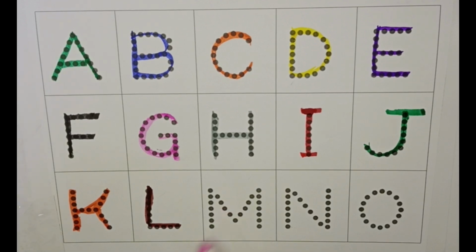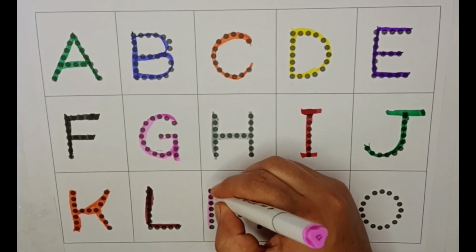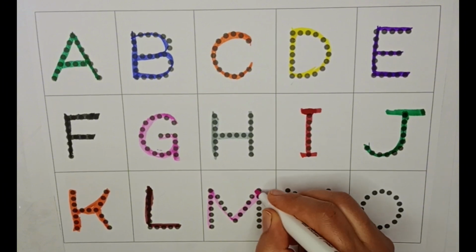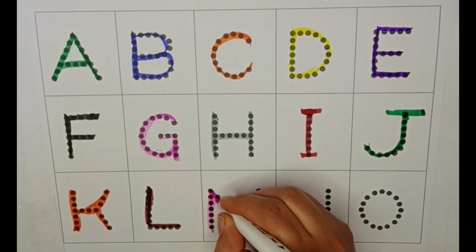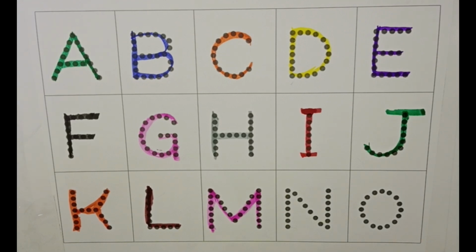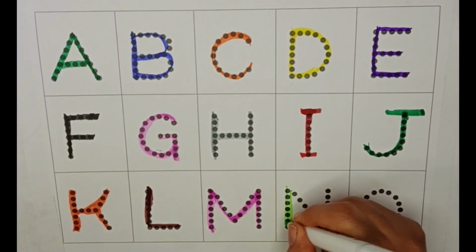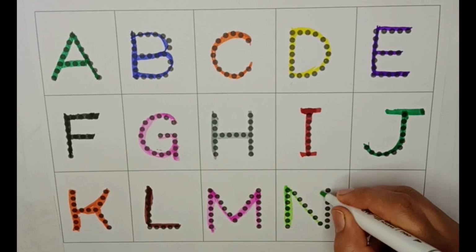M. M is for monkey. And the color is pink. N. N is for nose.